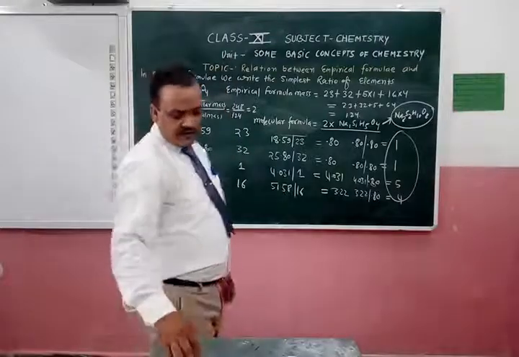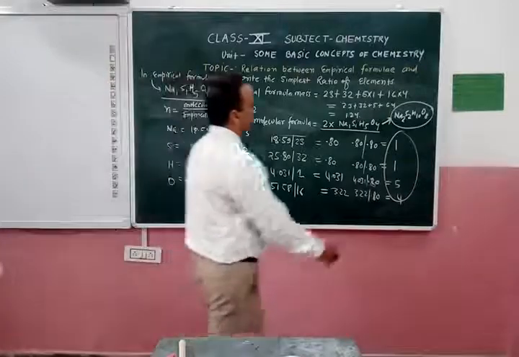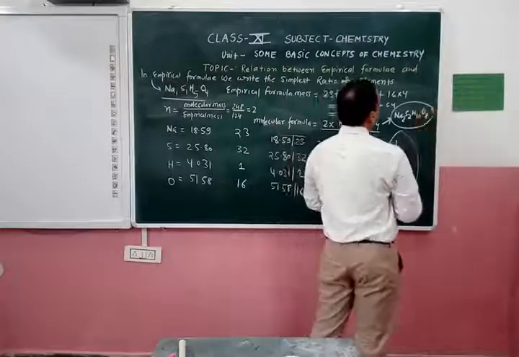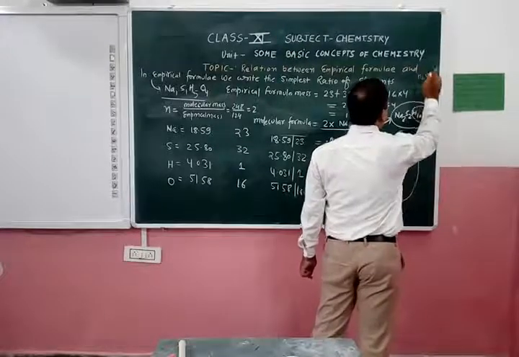Now see that 5 H2O molecules. One H2O is one water molecule.